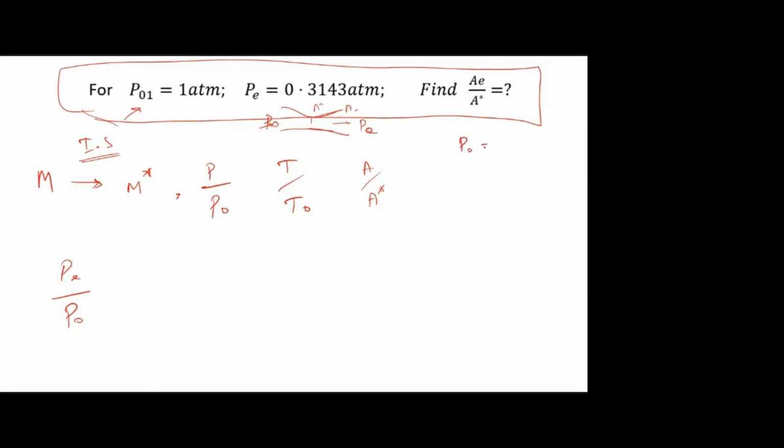Isentropic means P naught will be constant. Even though the settling chamber pressure P naught 1 is given, it will be the same throughout the duct. So P naught E also will be the same. So we can take PE by P naught E, that ratio you can find. Then using this isentropic table, I can find the corresponding Mach number, also the corresponding A by A star.